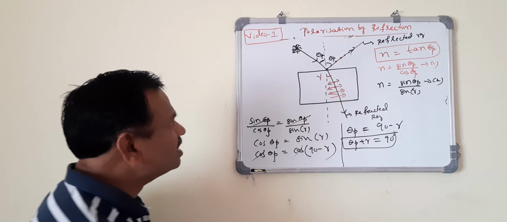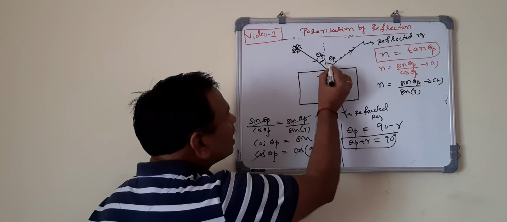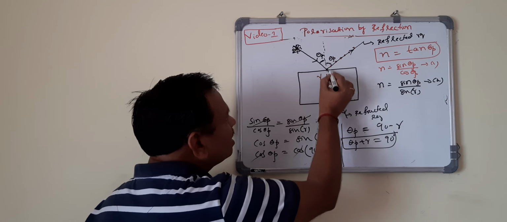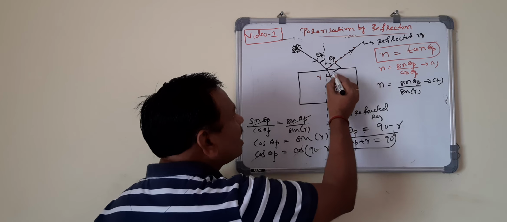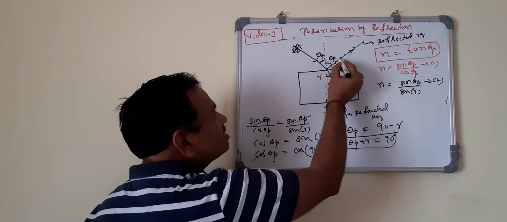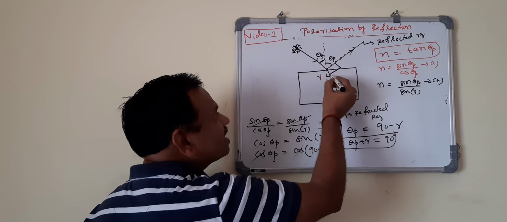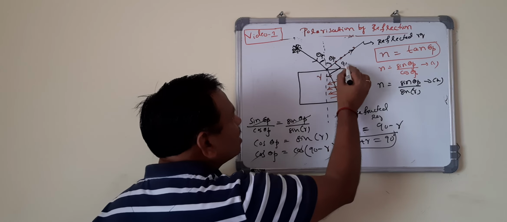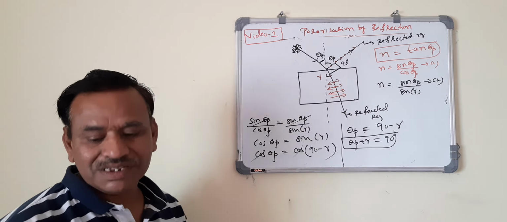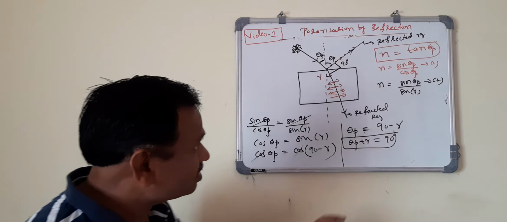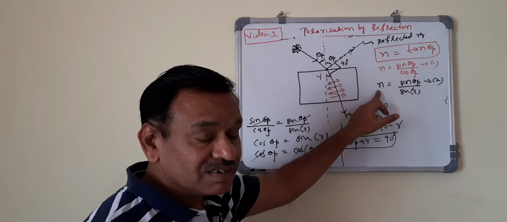From the geometry, this angle plus this angle equals 90 degree. Then certainly the angle between the reflected ray and refracted ray is also 90 degree. This is Brewster's law.